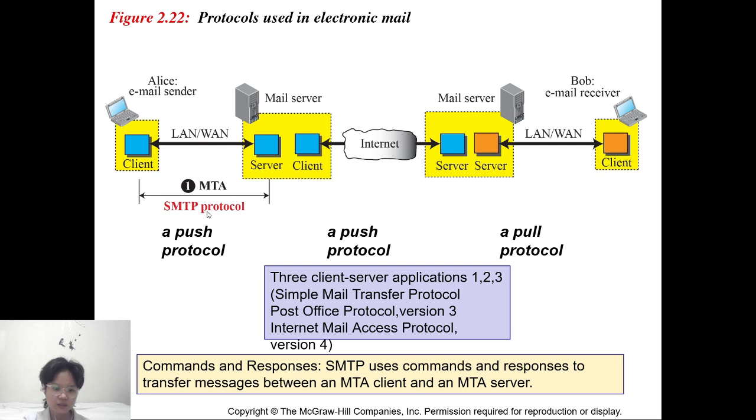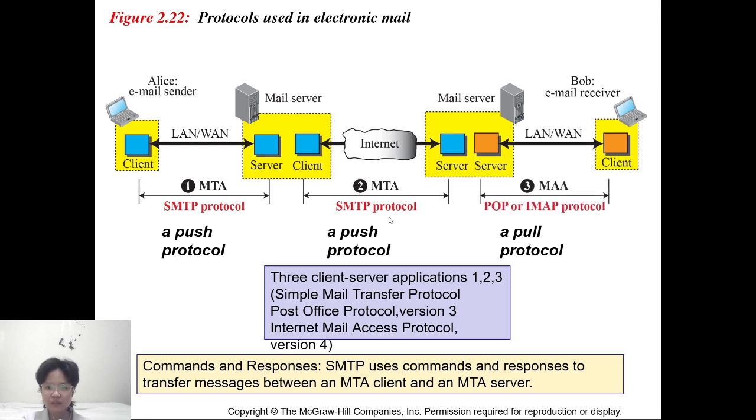The first is the MTA SMTP protocol. The second is the same, and the third is different. The third uses MAA, POP or IMAP protocol. Three client-server applications: 1, 2, 3. You can see in the picture: Simple Mail Transfer Protocol, Post Office Protocol version 3, Internet Mail Access Protocol version 4.